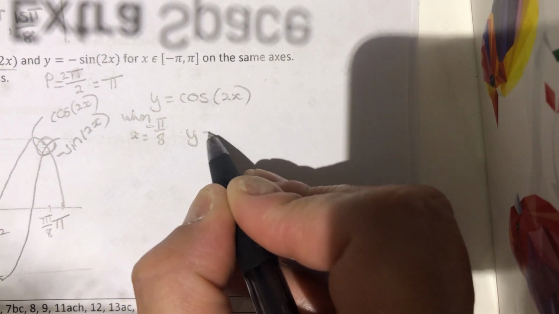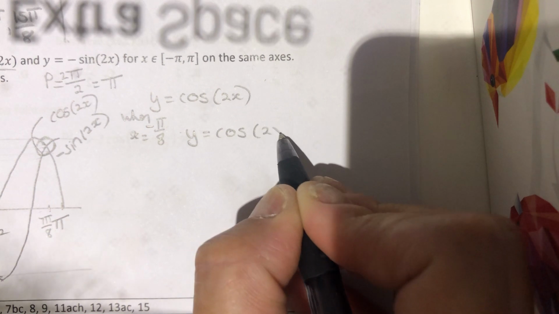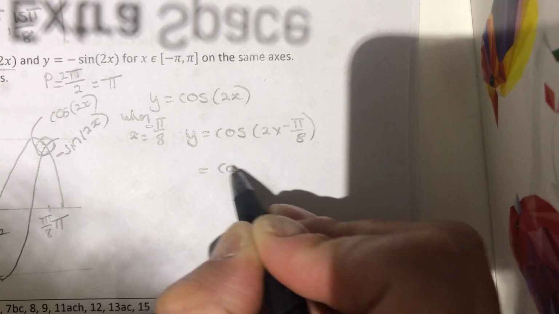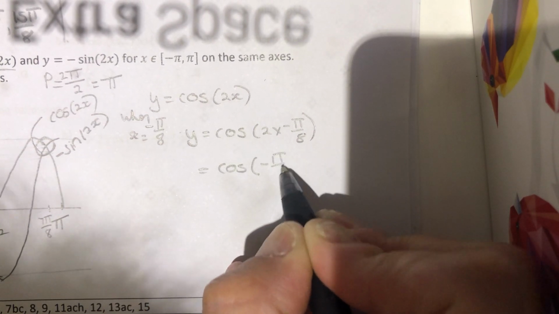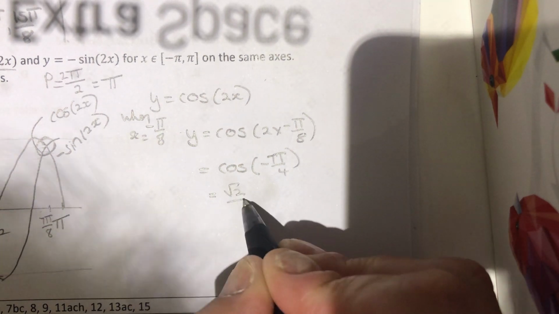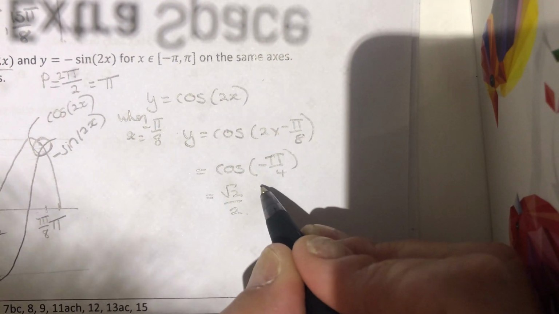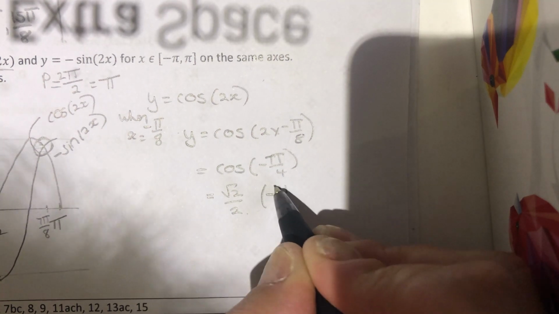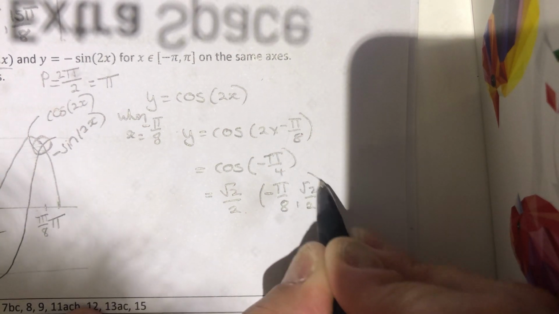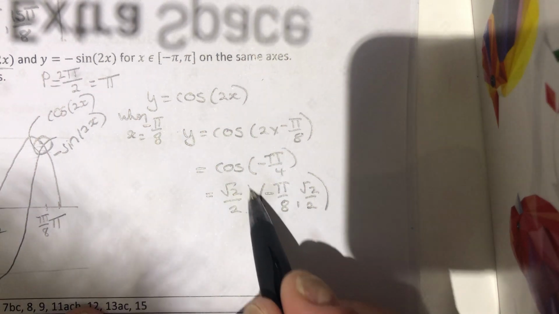So when x equals negative pi on 8, we're going to sub that in. y equals cos of 2 times negative pi on 8, which equals cos of negative pi on 4, which equals root 2 on 2. So from that working out, I'm claiming that negative pi on 8, root 2 on 2 is one of the coordinates that we want.